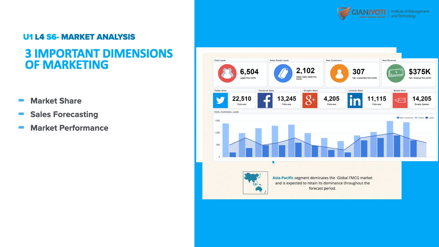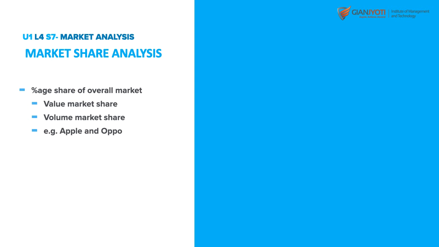Then how many followers are there on Twitter, on Facebook, on Google Plus, and LinkedIn, and how many emails have been sent or received. Then you do the analytics on that. The market performance is very important as to the tactics that you have employed, that is, how things are working for the company or for the product.